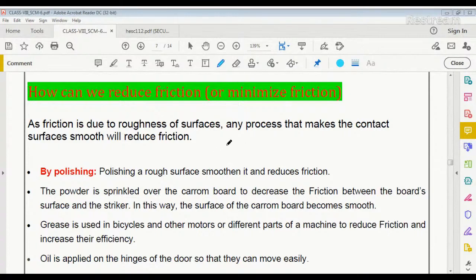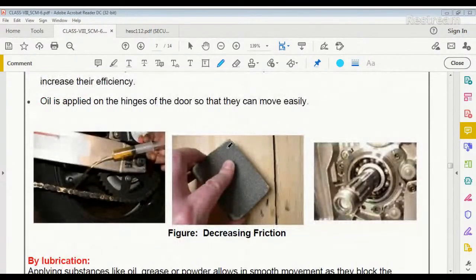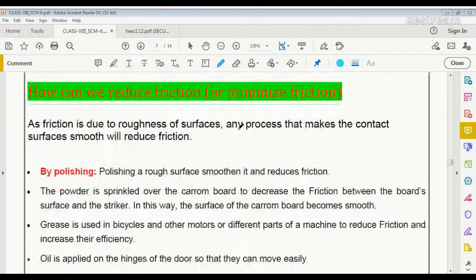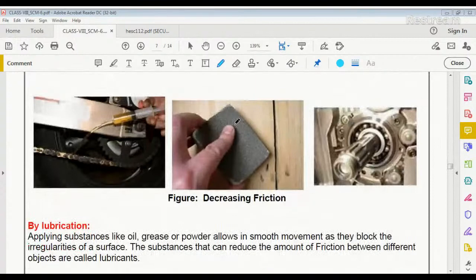Okay, so here comes lubrication. How can we reduce or minimize friction? It is also by lubrication, which I was talking about, that the surfaces do not directly rub against each other. So interlocking of irregularities is avoided to a great extent, and movement becomes smooth.